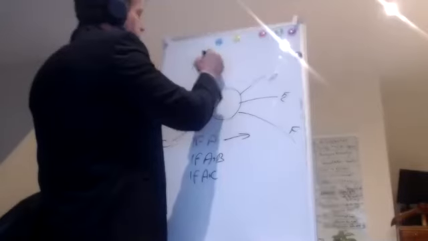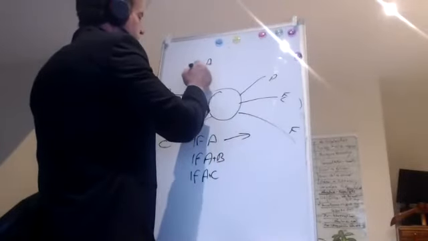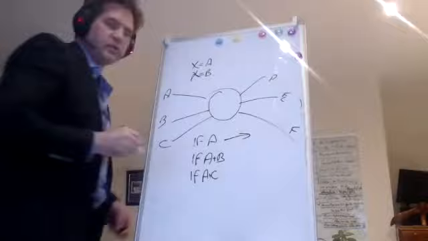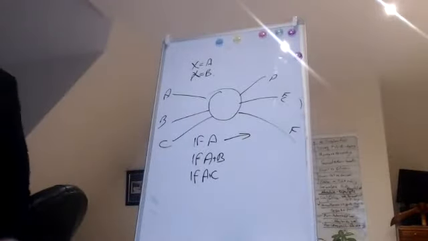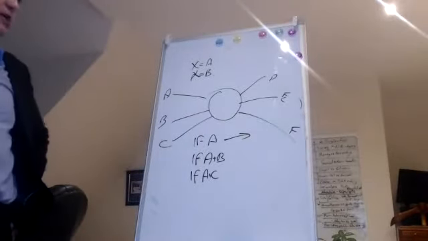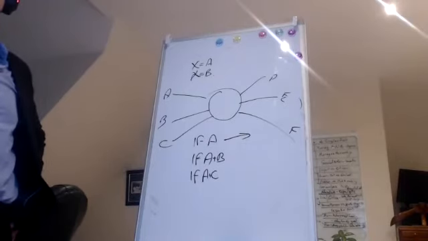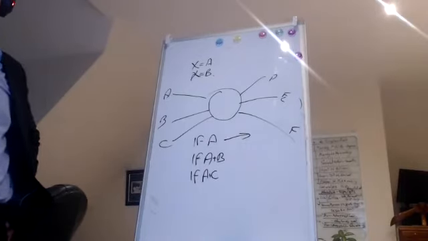So ABC, if I have like, X equals A, X equals B, etc., that allows me to differentially access how my transaction script works.